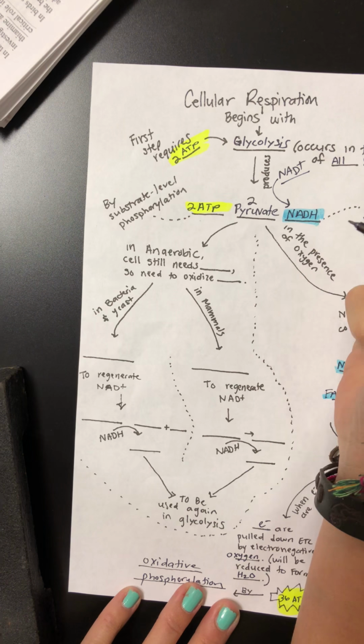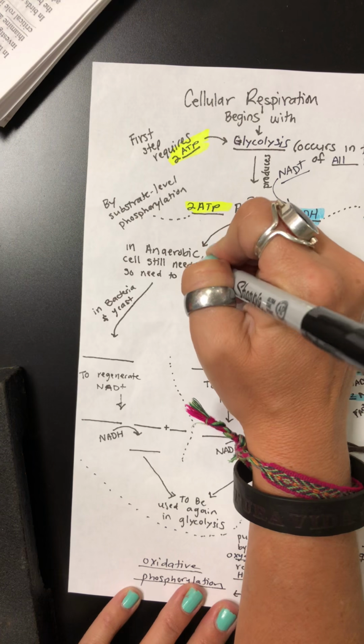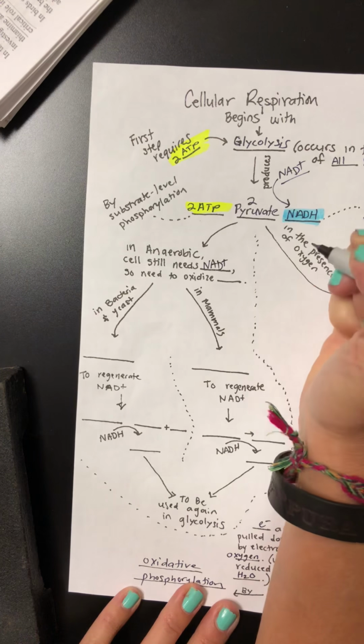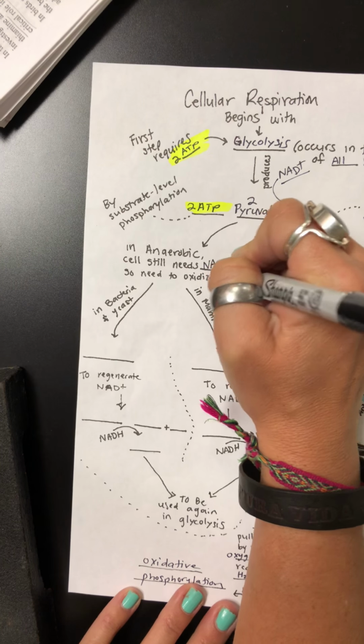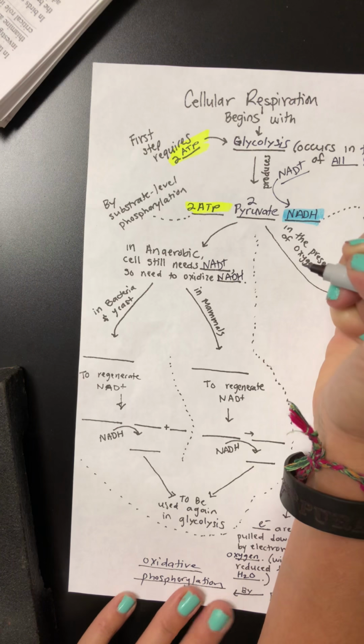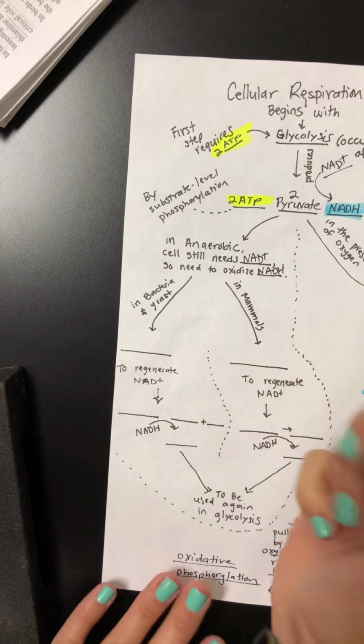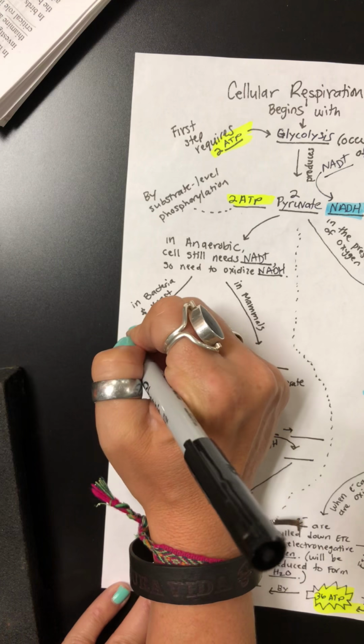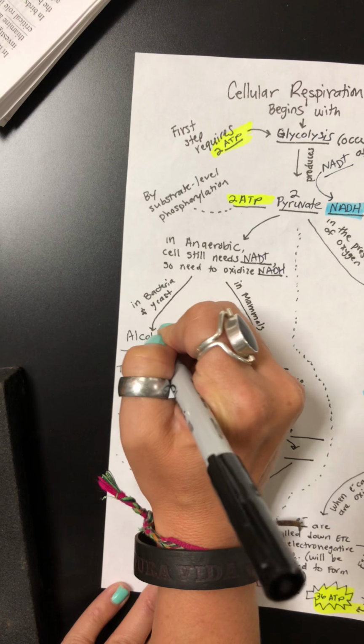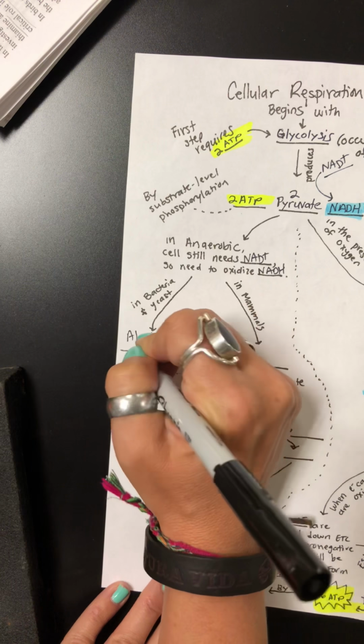In anaerobic conditions, the cell still needs NAD plus, so we need to oxidize NADH. So in bacteria and yeast, this leads to alcoholic fermentation.